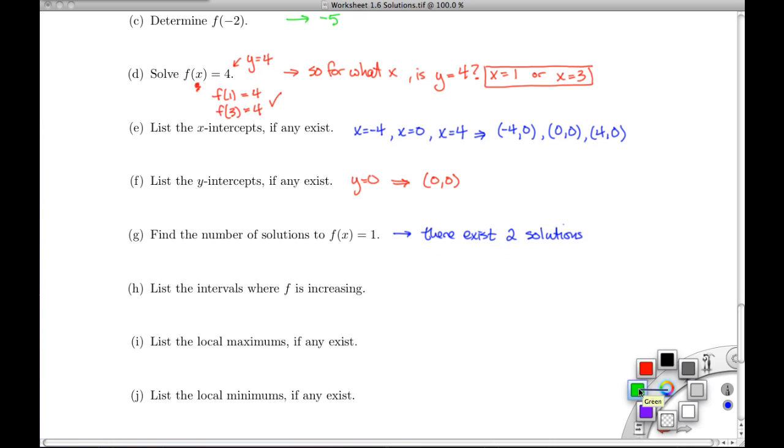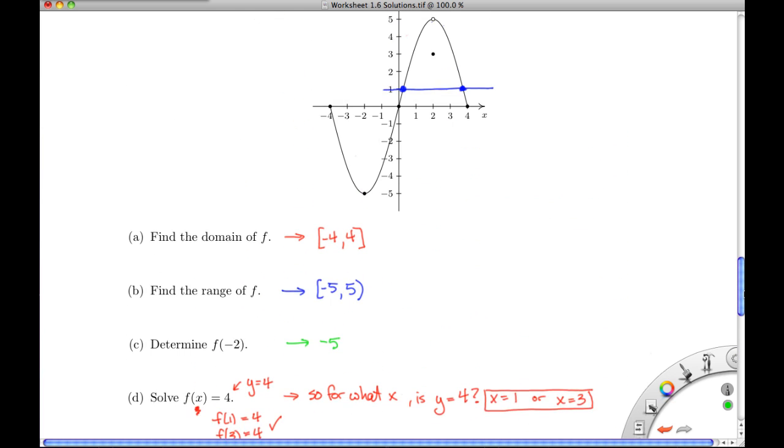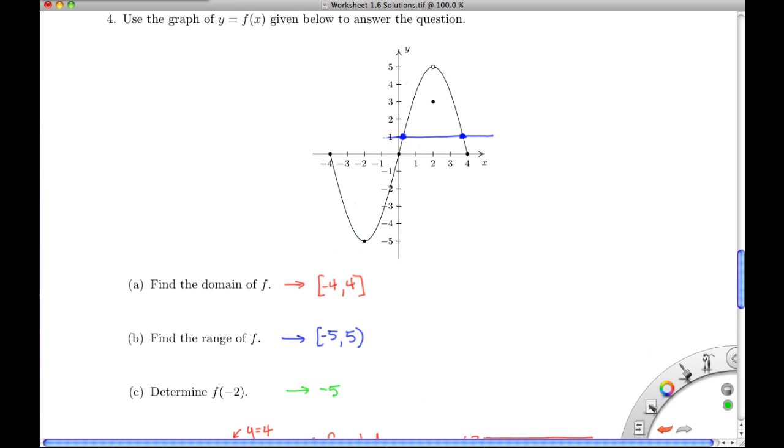Okay, so for part H, we're asked to list the intervals where f is increasing. So increasing is sort of an intuitive thing to see from a graph. We want to know when it's going up. So the graph, if we start over here at x equals -4 and keep moving, the graph is just decreasing as we go along here. Then once we get right here, it's a turning point, and our function begins to increase, and it increases all the way up to this point right here.